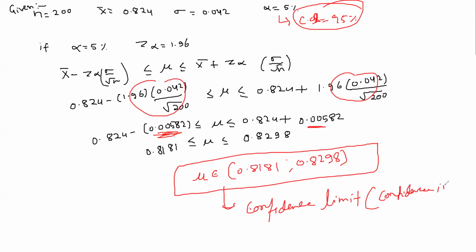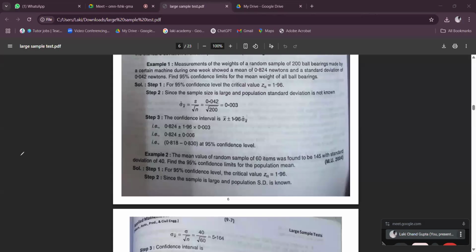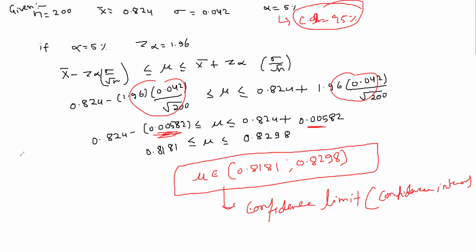Clear? Noted? So in the answer, it is taken as a round figure, 0.819 to 0.83. You can say 0.82 to 0.83, right?